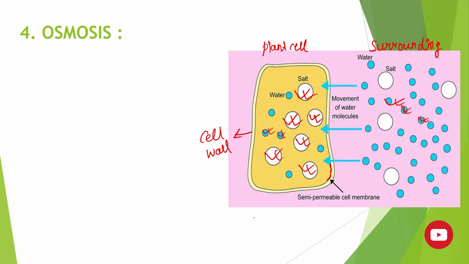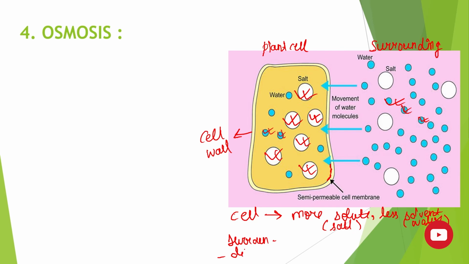So, in the cell, there is more solute. Solute is what? The salt molecules. And less solvent. Solvent is the water molecules. And if we look at the surroundings, it has the exact opposite configuration. It has more solvent and less solute.